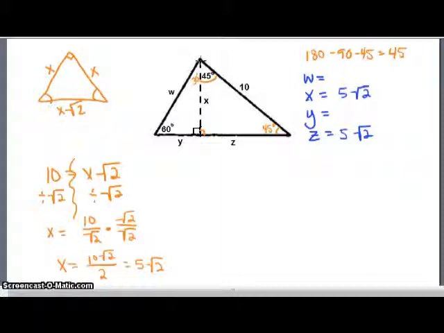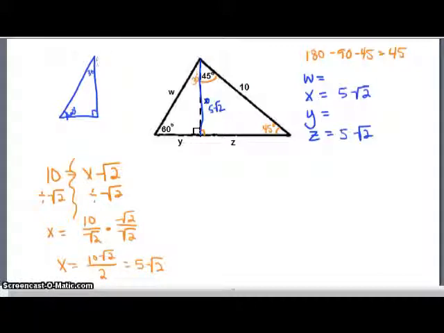Okay, so if we know that this side is 5 root 2, let's go back and review our 30, 60, 90 rules so we can do the other side. Alright, so I'll draw it so that it looks like the triangle that we've got over there. Right, so this side is 60, this side is 30.